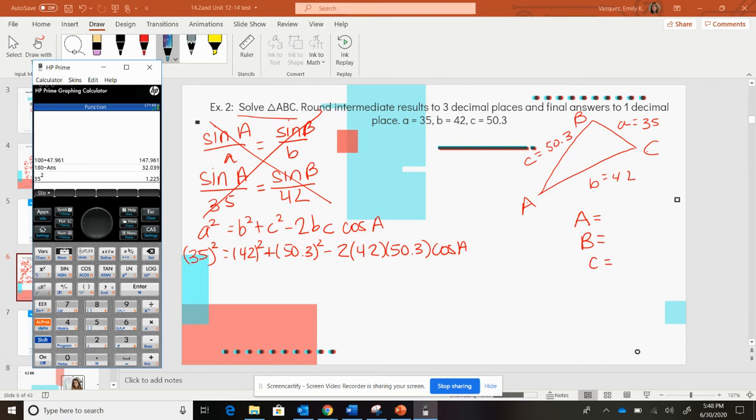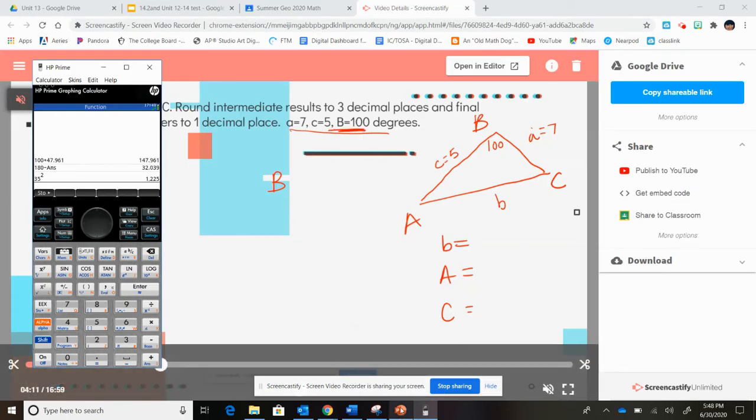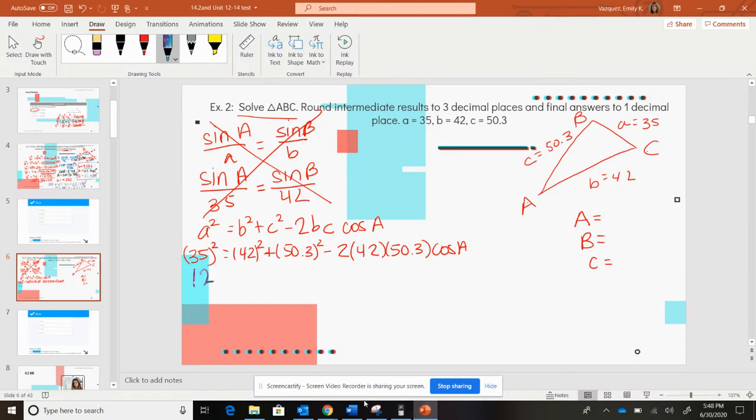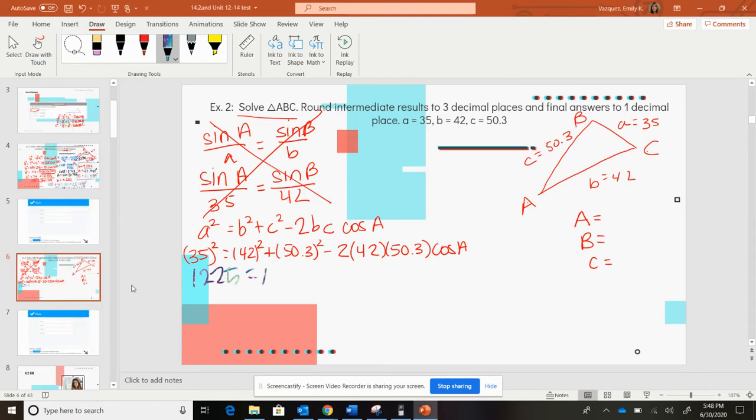is 1225. I'm not sure what happened there. Okay, and then 42 squared is 1764.